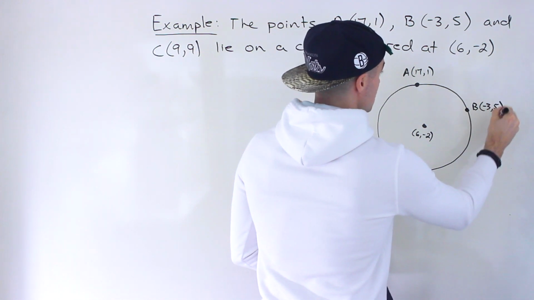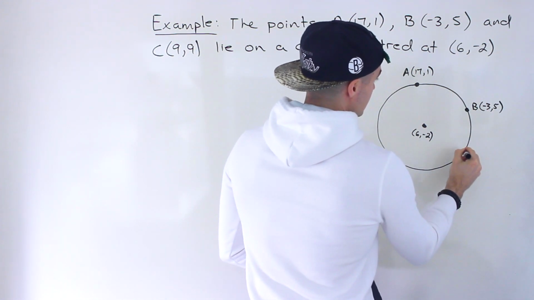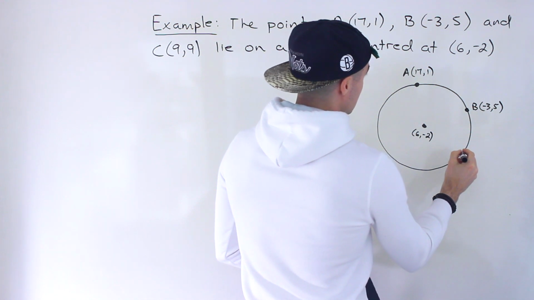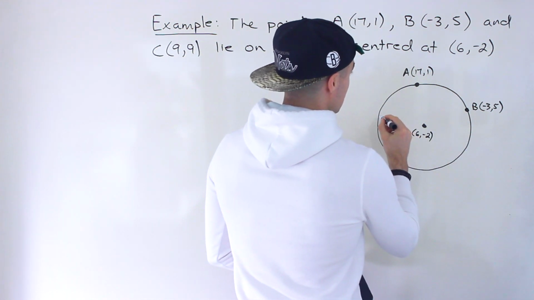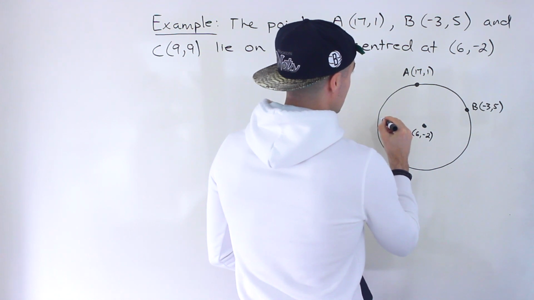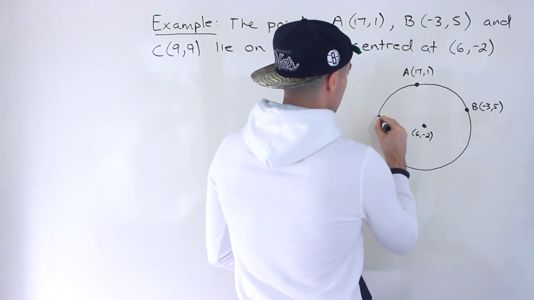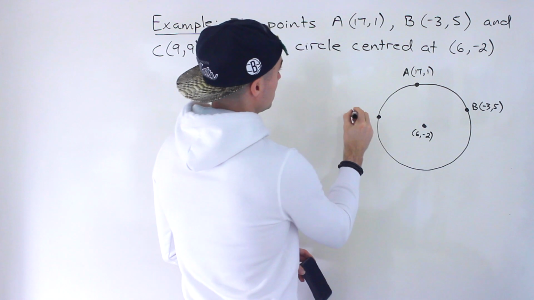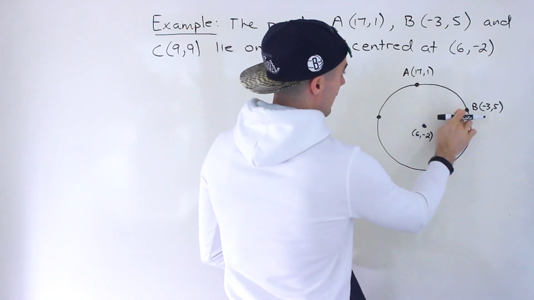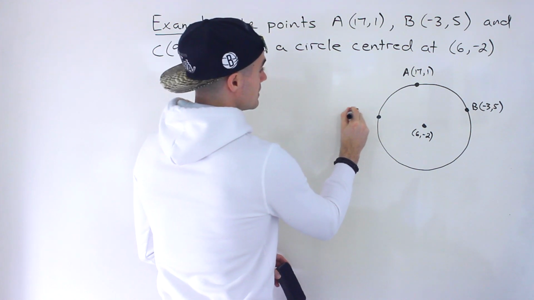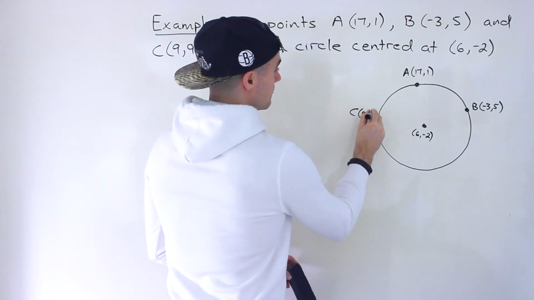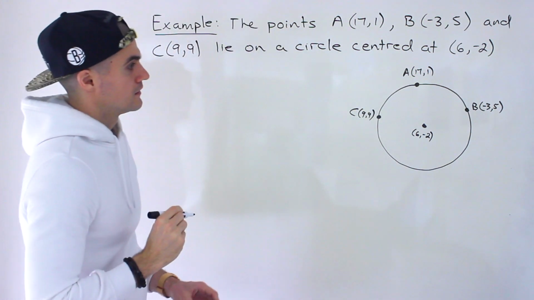So we've got B, which is (-3, 5), and then let's say C. Let's space it out a little bit. Yeah, let's put C over here. Doesn't matter where you put it, I'm just trying to make sure that the chords are spaced out okay. So C is (9, 9), like that.